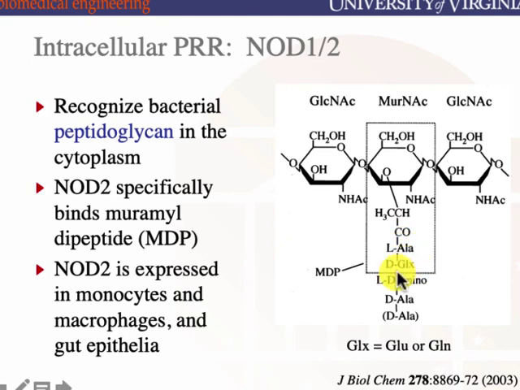Okay? NOD2 is expressed on monocytes and macrophages and gut epithelium. Okay? So, in general, gram-positive bacteria are not great for our gut, just so you know, right? Because they have this sugar, this dipeptide sugar, presented to our gut epithelium, right?